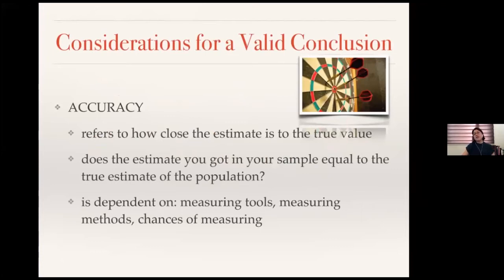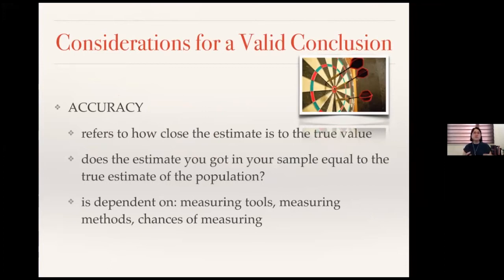Now, let's go to the basic concepts. Now, these I'm sure are familiar to you, but you know, we may have forgotten it as the years went by, although I know bata pa kayo. So let's talk about accuracy. No? When we talk about accuracy, it refers to how close the estimate is to the true value.